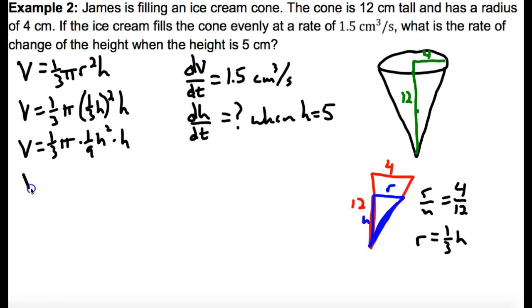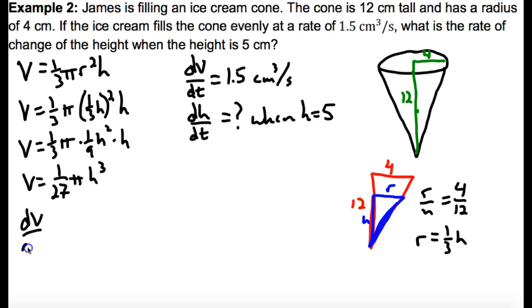Putting this all together, 1/3 times 1/9 is 1/27 times pi times h cubed. Now I can take this derivative very easily. I only have one variable on this side, so I don't have to worry about product rule or anything like that. Let's take the derivative, plug in what we know, and see what we can do with that.